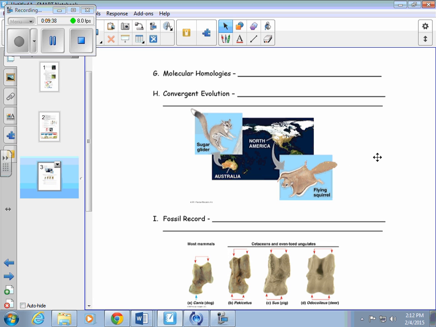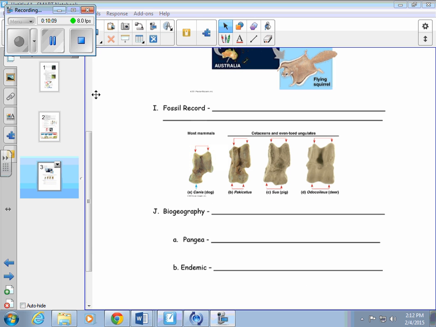Their ancestors are not related, but because of the environment that they both live in, the same types of mutations have proven to be beneficial over the years, and those were the ones that were passed on. So even though they don't have a common ancestor, they look very similar because the environment has actually pushed certain mutations to be the ones that were most useful.